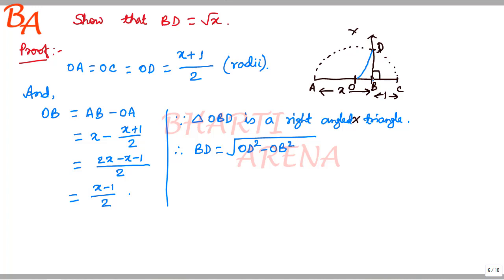This BD, actually BD square equals OD square minus OB square. So thus BD equals under root OD square minus OB square, where OD equals (x plus 1) by 2, so ((x plus 1) by 2) whole square minus ((x minus 1) by 2) whole square, OB we have just found here.